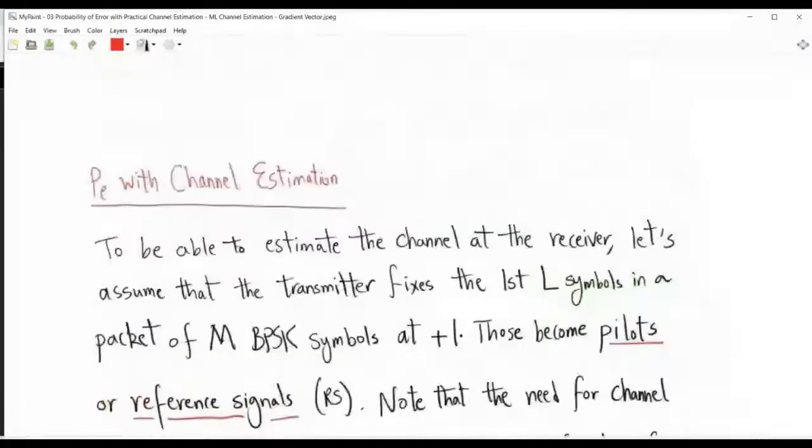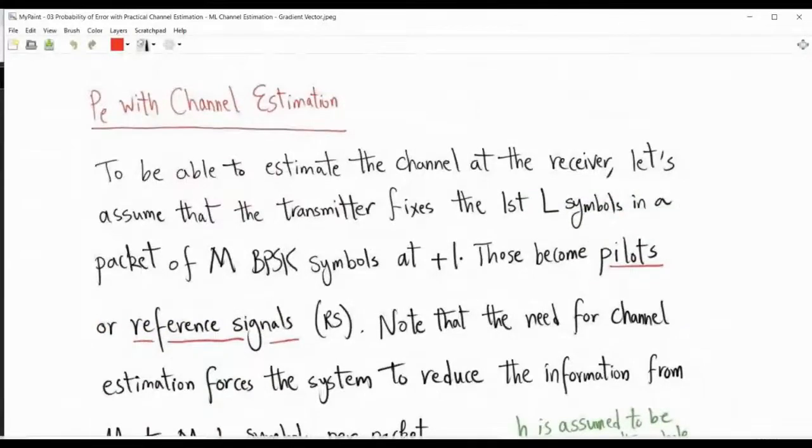So here is our system. We will transmit a bucket of M binary PSK symbols. The first L symbols will not carry information. They are just pilot symbols or reference signals that are specified by the standard in actual communication systems, and they are known at the receiver.